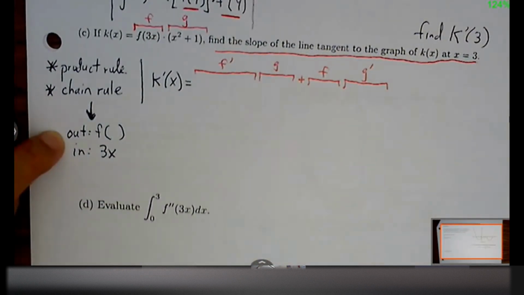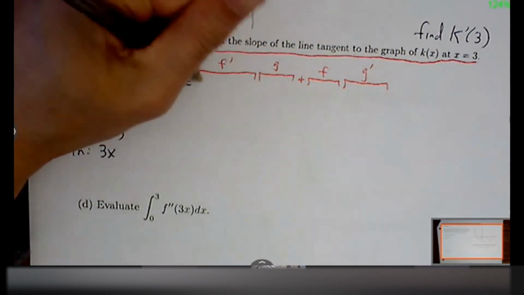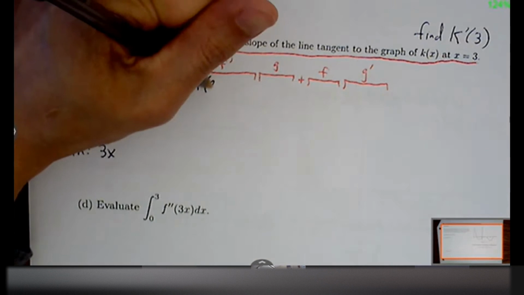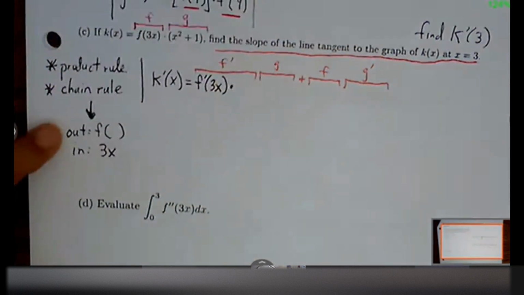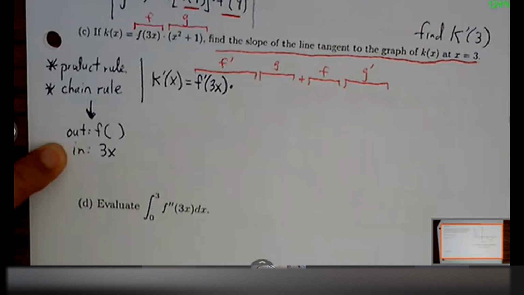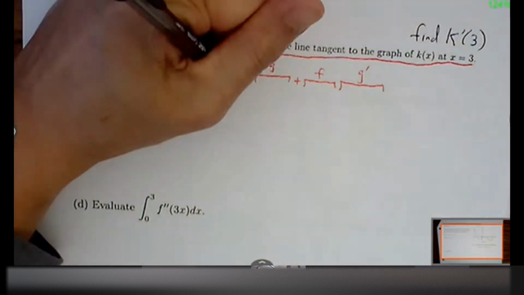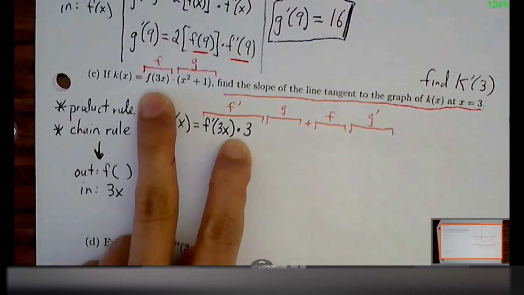What's f parentheses derivative? Would just be f prime. Just f prime, yeah. Keep the inside intact. That takes care of the outer derivative. Now move on to the inside. What's 3x's derivative? 3. Times 3. So both of them will create the full derivative that we need for this first term's derivative.